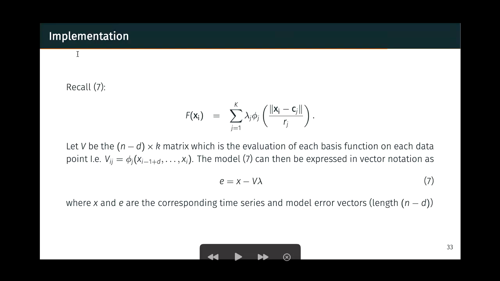What I'm going to tell you is that, up to some messing about with indices, which is what it says in the text there, the model errors are the next step in my data vector minus the model. The model is this matrix V, get to that in a second, and my model parameters, the weights. V is a matrix. Each element of that matrix is the evaluation of one of the basis functions, one of the phi's in my model, at one of the data points x.